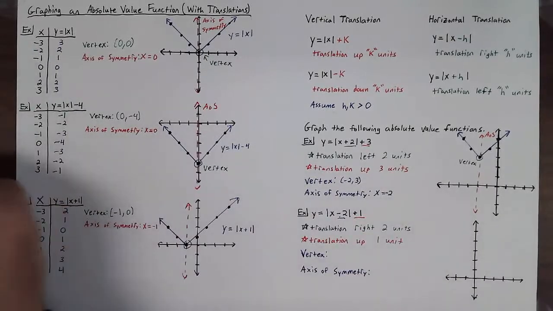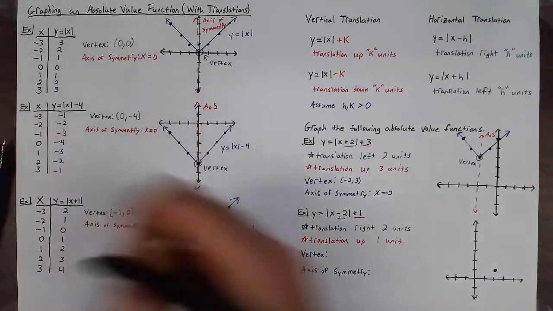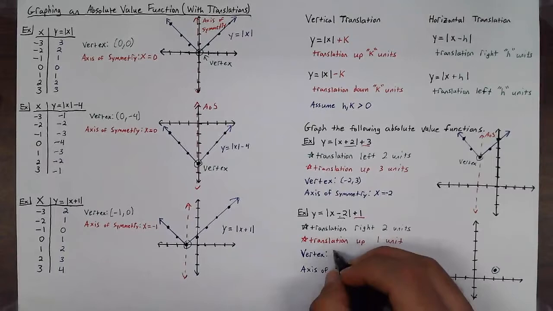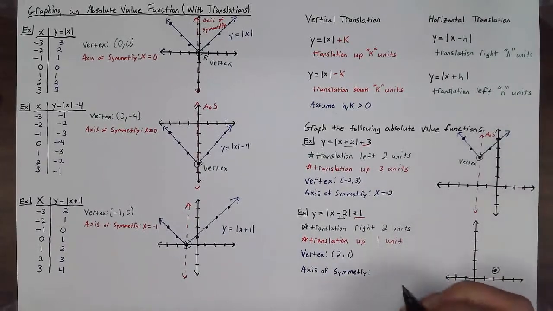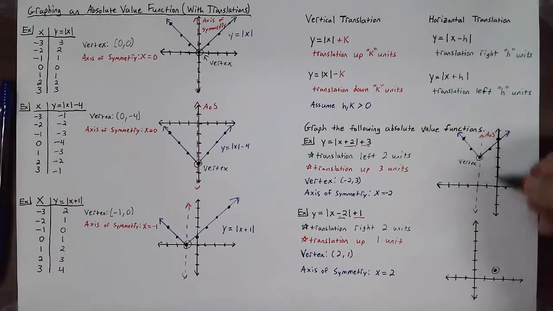All this means for us is that our vertex now goes right 2 and up 1. That's the start of our vertex, the very bottom of the function, so at 2, 1. And our axis of symmetry also shifts to the right 2. So it'll be at x equals 2, because now this vertical line, which is normally at 0, goes right 2.